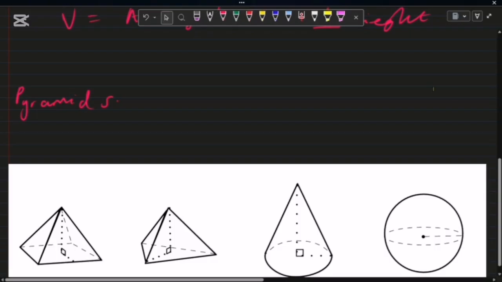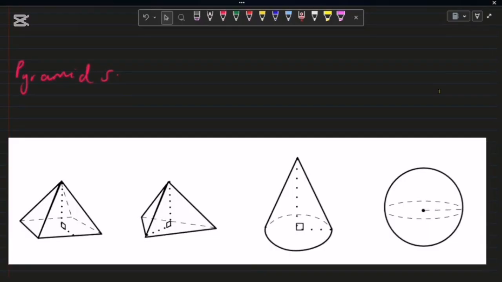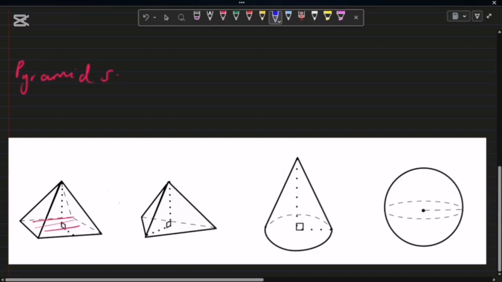A pyramid is a three-dimensional object whereby we have a base, of course, and then the faces, which are the other sides: this one, that one, and the other one. The faces are not perpendicular to the base.